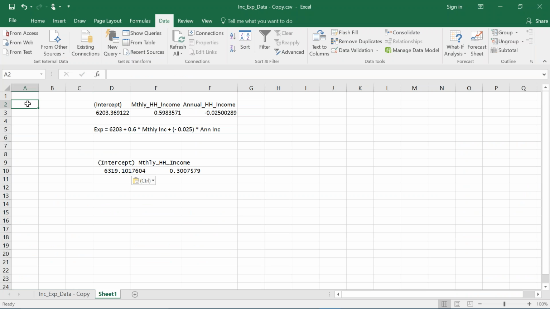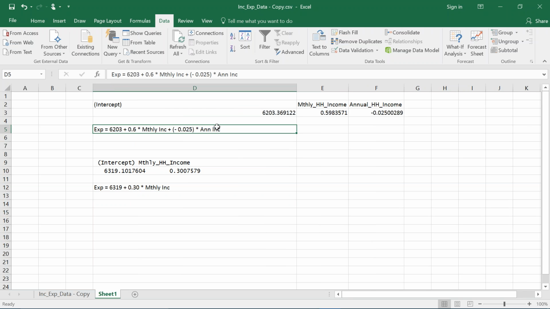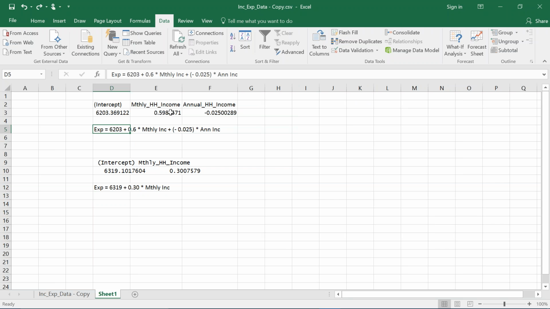This equation is expense is equal to 6319 plus 0.30 times monthly income. These are the two equations we are getting. Let me take this equation down.